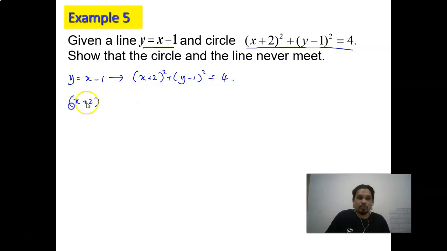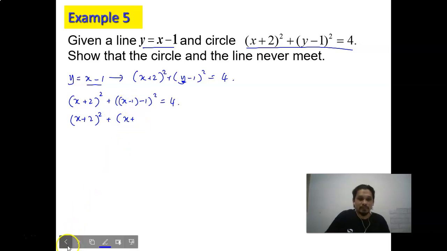Okay, so x plus 2 squared plus y minus 1 squared, with y equal to x minus 1. This means we replace y with x minus 1. So x plus 2 squared plus x minus 1 minus 1 squared equal to 4, which is x plus 2 squared plus x minus 2 squared equal to 4.